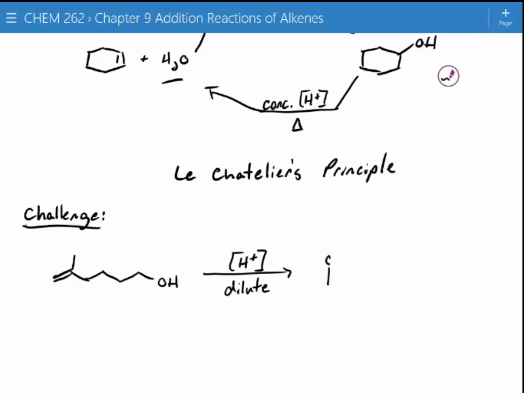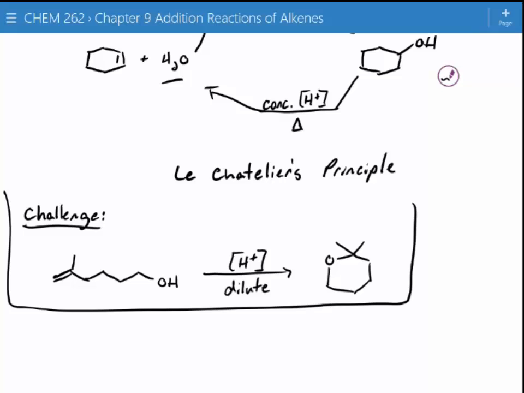And when we do this, we get a very strange looking product. If you can, try to work through this reaction tonight, and remember that these acid catalyzed hydrations work with any sort of alcohol. So in this case, the alcohol is actually a part of the parent molecule, and it's going to close up and form a ring on itself. And see if you can do that entire mechanism at home. It's a little bit challenging, but I think it's a pretty interesting challenge to see how useful this reaction mechanism can be.